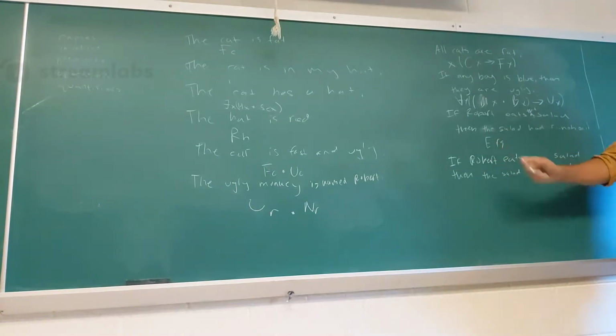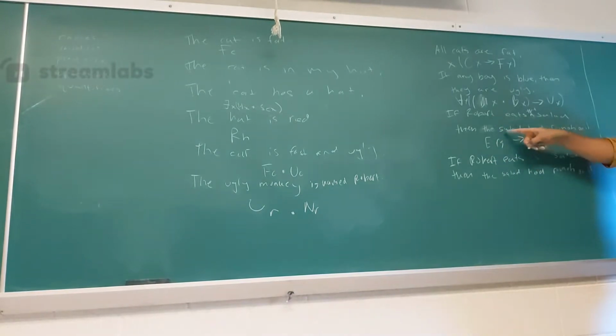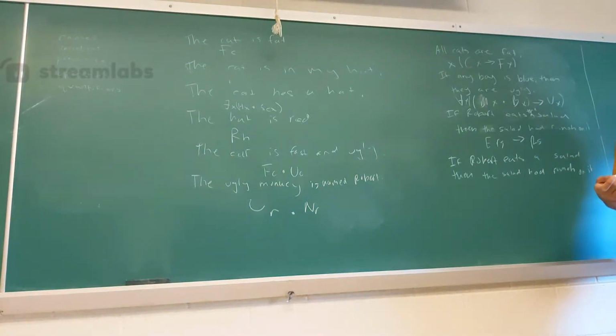Robert eats the salad. Then, which is an arrow. So if Robert eats the salad, then the salad, which is S, had ranch on it, R. Salad has ranch. Now you could break this apart further and say there is something x such that x is ranch and the salad has a certain relationship with that thing.